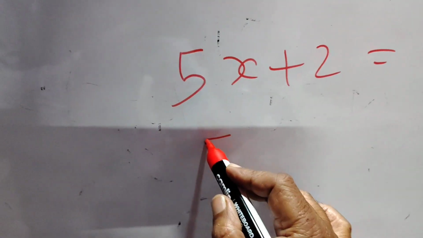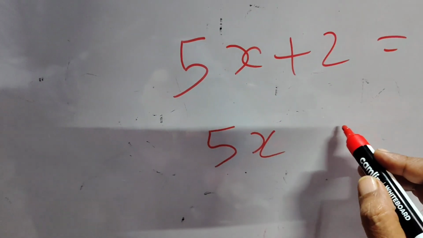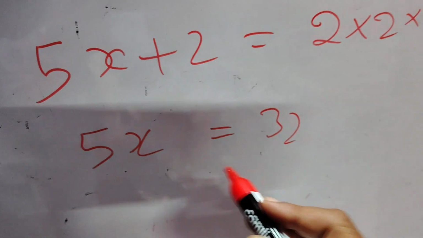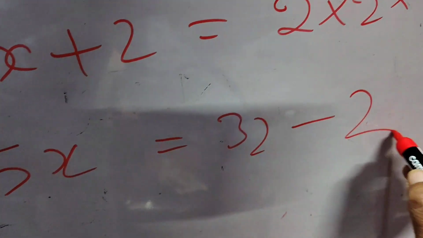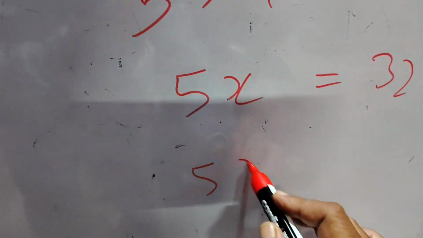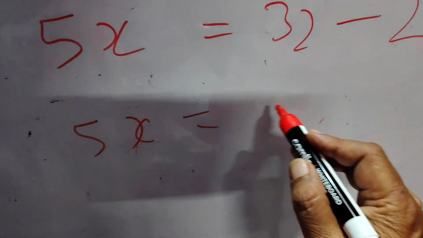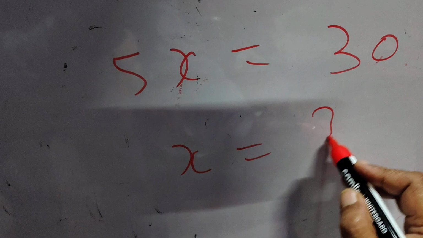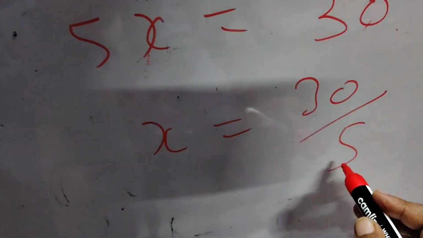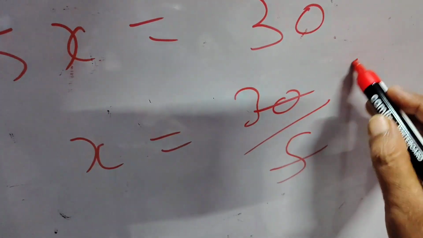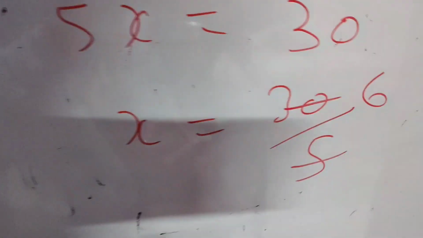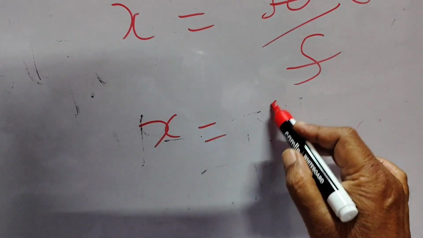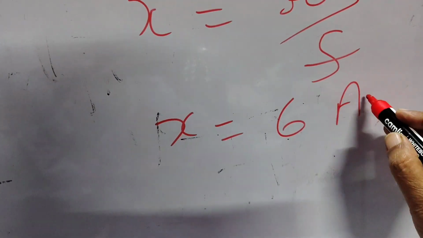So clearly 5x will be 32 minus 2, as this 2 goes that side, so 5x is equal to 30 and x will be equal to 30 by 5, that is 6. So the value of x is 6. And this is the answer.